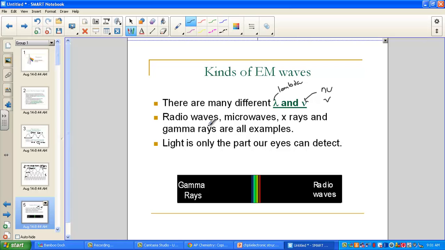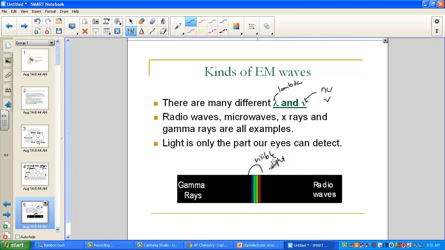But here's a slide just reminding us that many different types of electromagnetic radiation exist in the electromagnetic spectrum. We have radio waves at one end, gamma rays at the other end, and all kinds of different wavelengths in between. Here are the wavelengths that our eyes can see, the visible light spectrum.